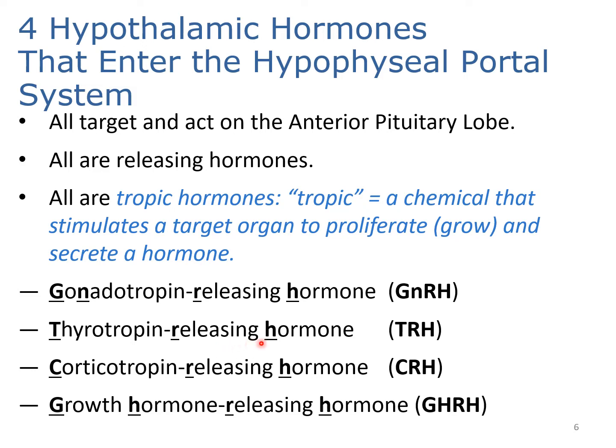Thyrotropin releasing hormone stimulates the release of thyroid stimulating hormone, also called thyrotropin. Corticotropin releasing hormone stimulates the release of a hormone called adrenocorticotropic hormone. And growth hormone releasing hormone stimulates the release of growth hormone, all from the anterior pituitary gland.